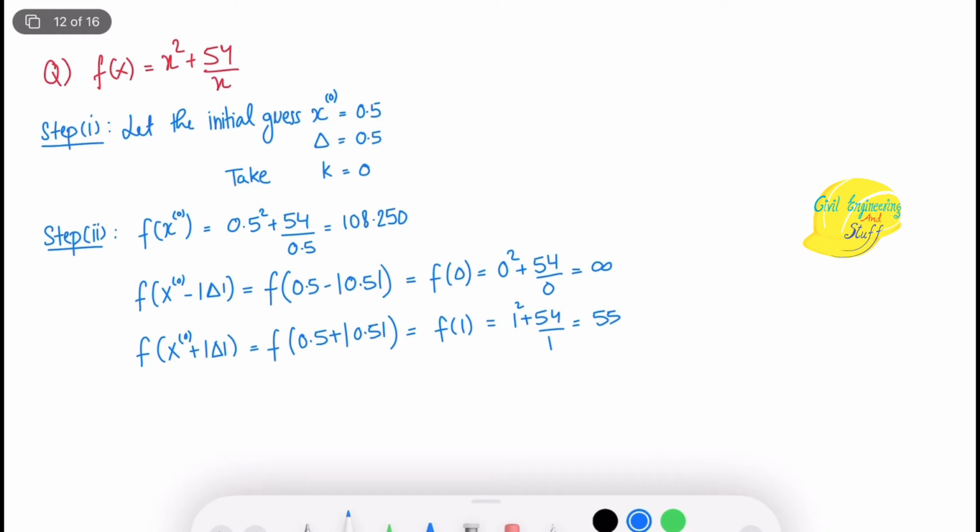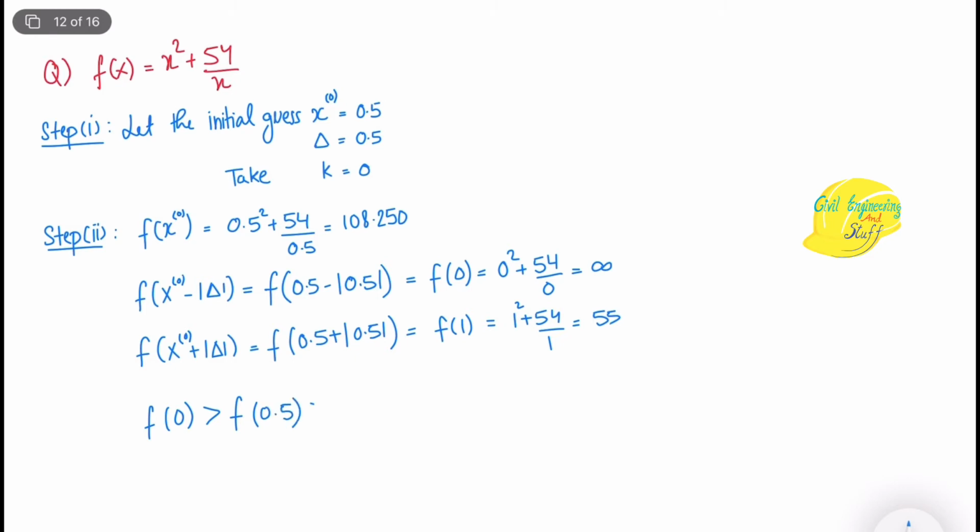So if this is the scenario, then what is the relation that we get? We get f(0), that is infinity, this is maximum, this is greater than f(0.5), and your f(0.5) is greater than f(1).